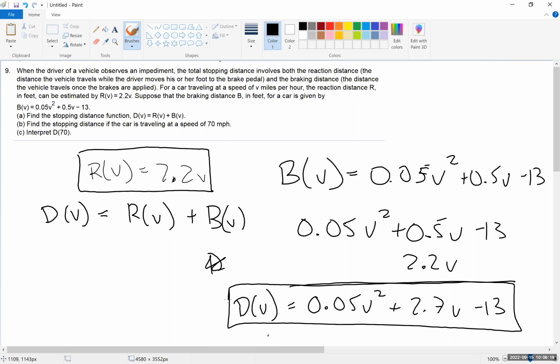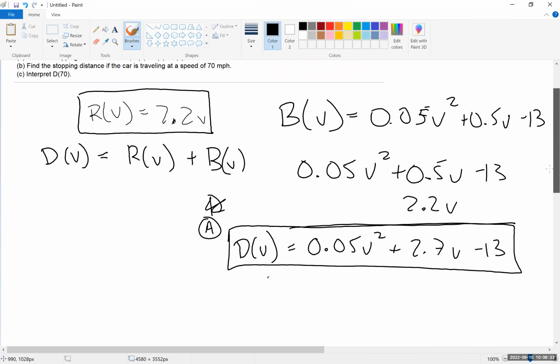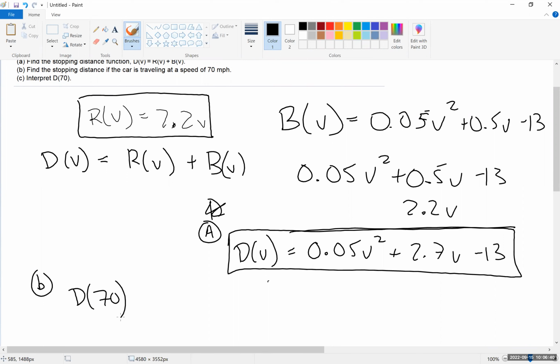Now, part B says find the stopping distance if the car is traveling at a speed of 70 miles per hour. So v is our speed. What they're really asking, so this is the answer to part A, in part B they just want us to find D(70).